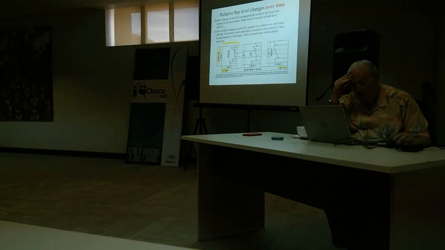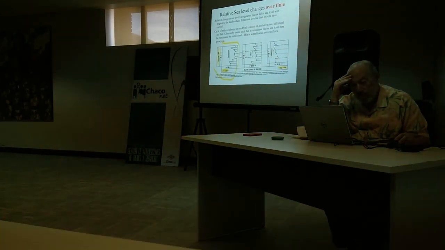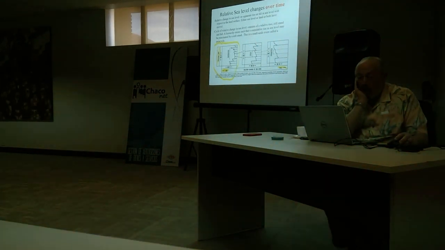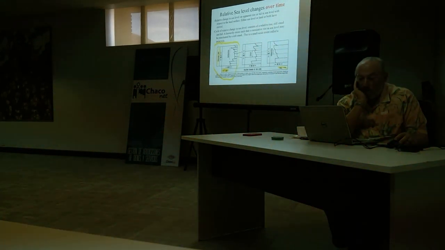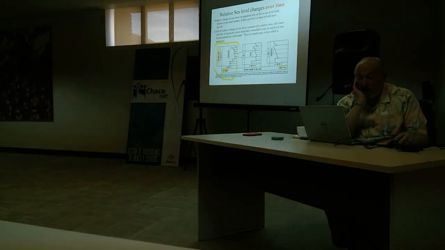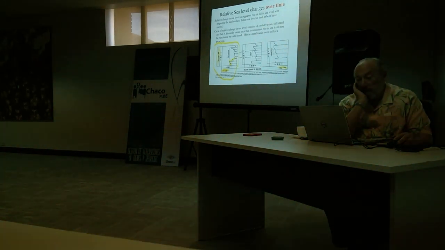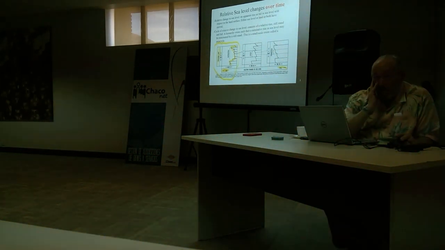Okay, so let's look at this first. And what do I see? I'm going to start right here, and I see a little rise in sea level, and then a drop in sea level, and then another rise in sea level, and then the start of another drop in sea level.